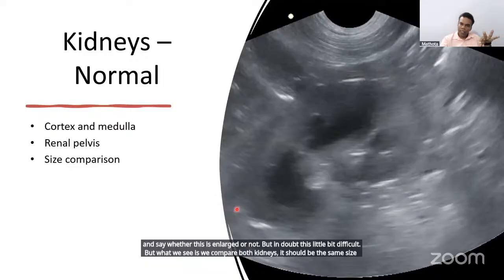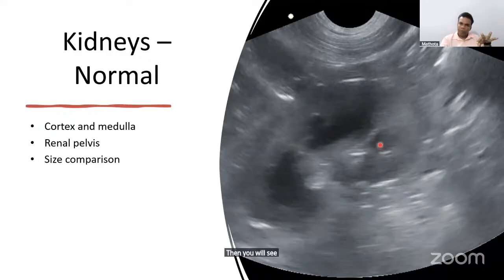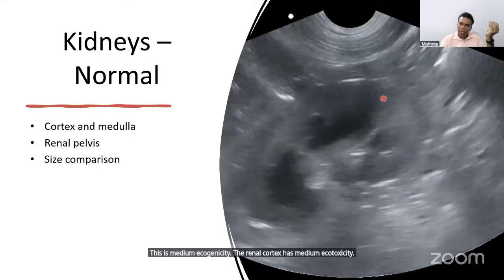Then we will see the renal cortex. This is around the kidney. You will see the renal cortex here. Then you will see the medulla. Renal cortex and medulla. The renal cortex has medium echogenicity. Then the medulla is hypoechoic to the renal cortex.